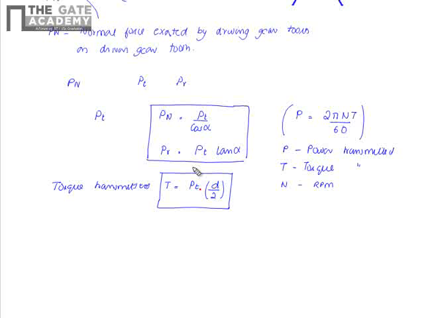And once we know the tangential component of the force, and if we know the pressure angle, then we can find the normal force and the radial component of the force. This tangential component of force is useful in transmitting the torque from one shaft to another shaft, and the radial component only acts on the shaft bearings.